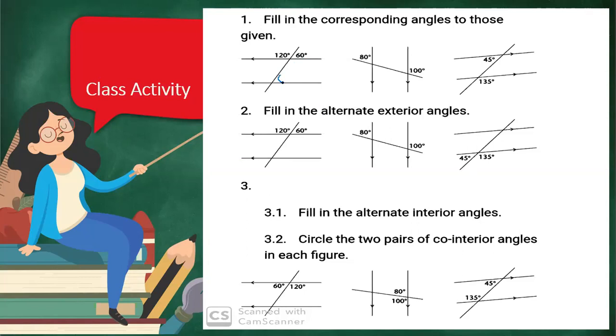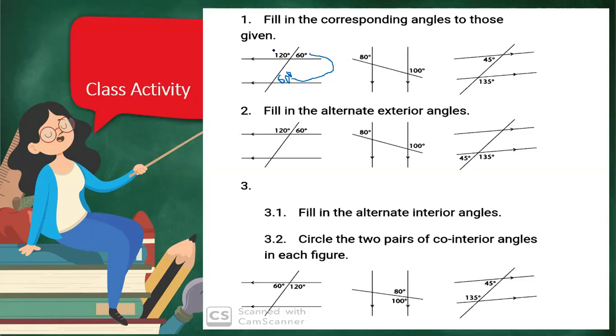So right here we'll have our 60 degrees. Why? Corresponding angles are equal. So this will be our pair. Corresponding angles are equal. So 60 degrees here, 60 degrees here, one exterior, one interior. Right? Yes.